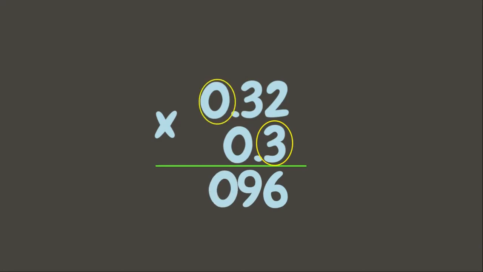Let's multiply. 3 times 2 is 6. 3 times 3 is 9. 3 times 0 is 0. Since the next digit to 3 is 0, we don't have to multiply it. Now, is this our final answer? Not yet. We need to put the decimal point in the right place.